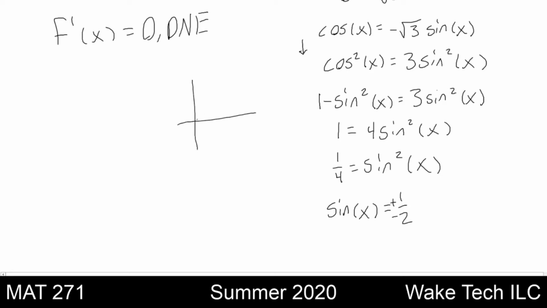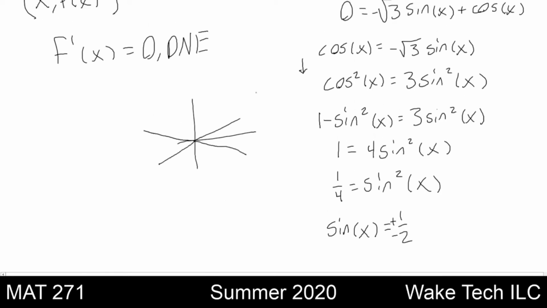So if sine is equal to 1/2, and here we're looking at a unit circle, then what we have is either pi over 6 or, excuse me, 5 pi over 6. If sine is equal to negative 1/2, then we have 7 pi over 6 or 11 pi over 6.